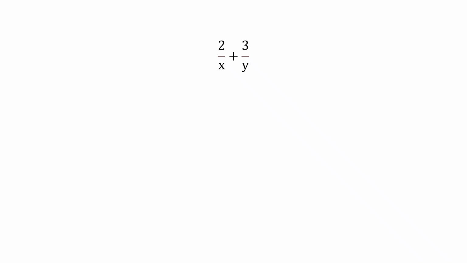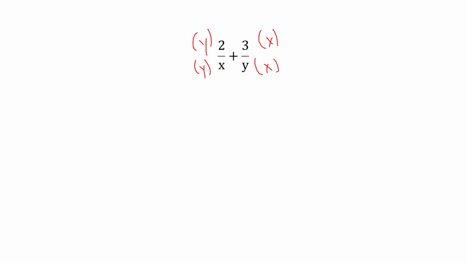Again, my bottoms don't match, and I cannot add or subtract unless they match, so I have to find a common denominator. The quickest way to do that is to multiply by the opposite denominator, not your numerator, by your denominator.